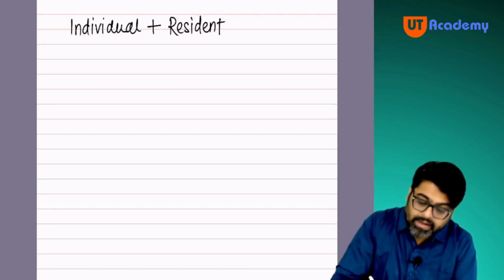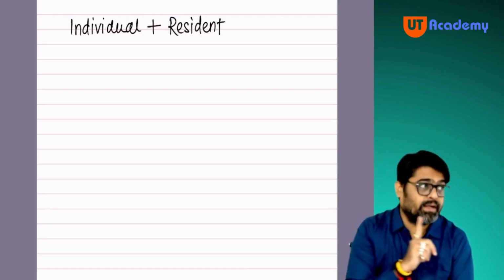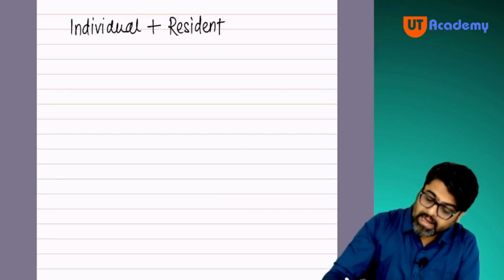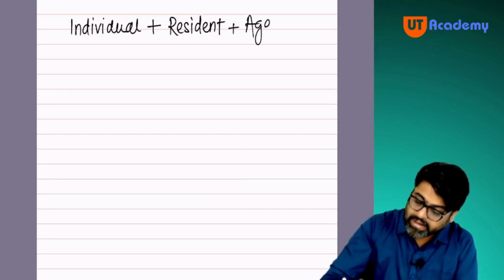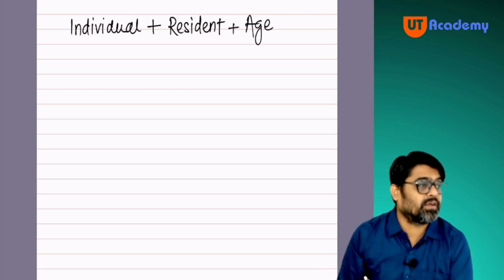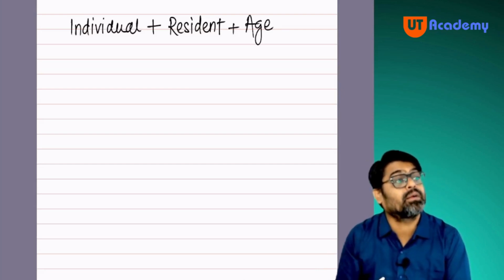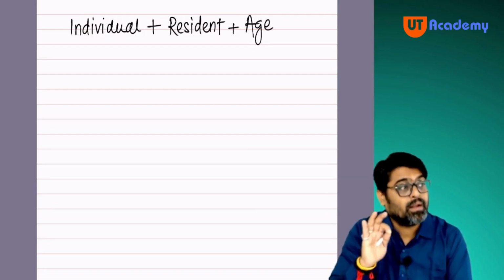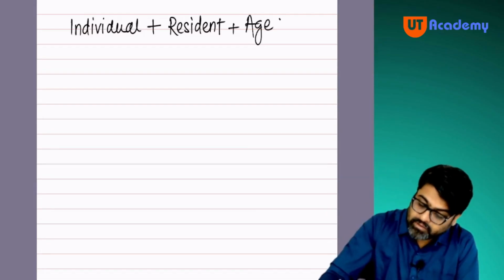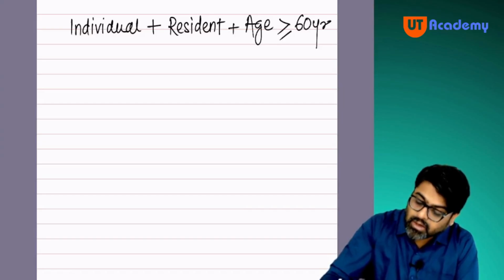Okay. So the individual must be a resident, and his age at any time during the previous year. Did I say throughout the previous year, or am I saying any time during the previous year? Any time during the previous year, his age is 60 years or more.